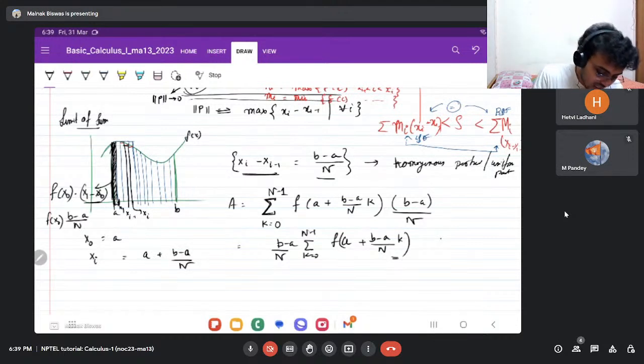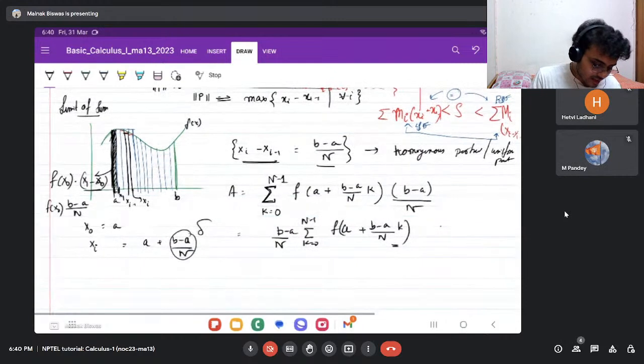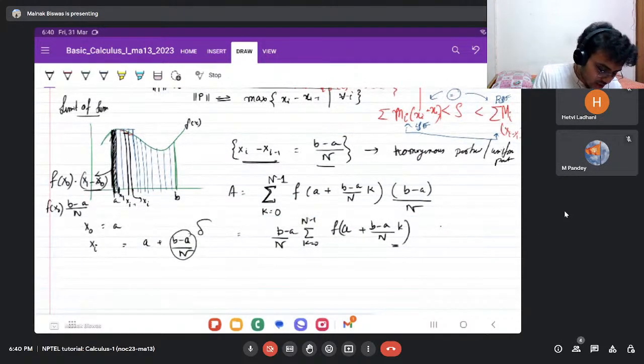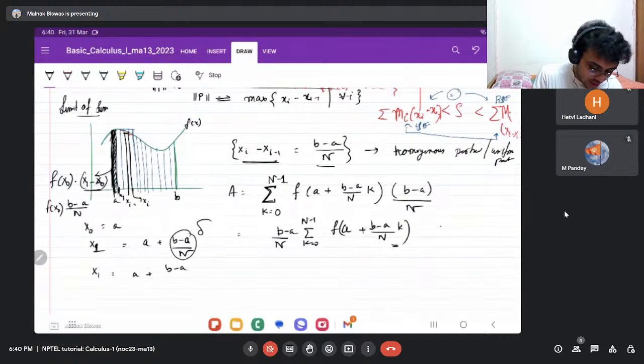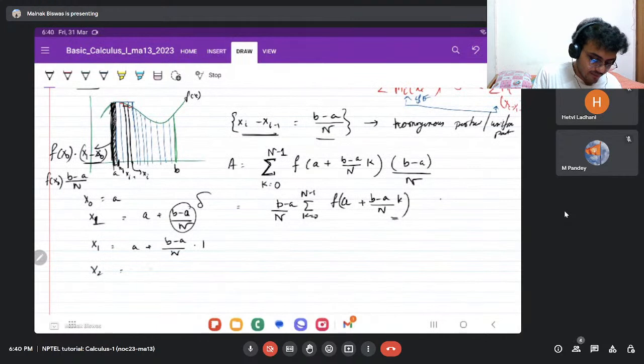So this is sort of a delta, right? This is some delta you're moving on the x-axis. x1 would be, it's an AP, your x's will become an AP. That's what I'm trying to come at. So x1 is a plus (b minus a) by n.